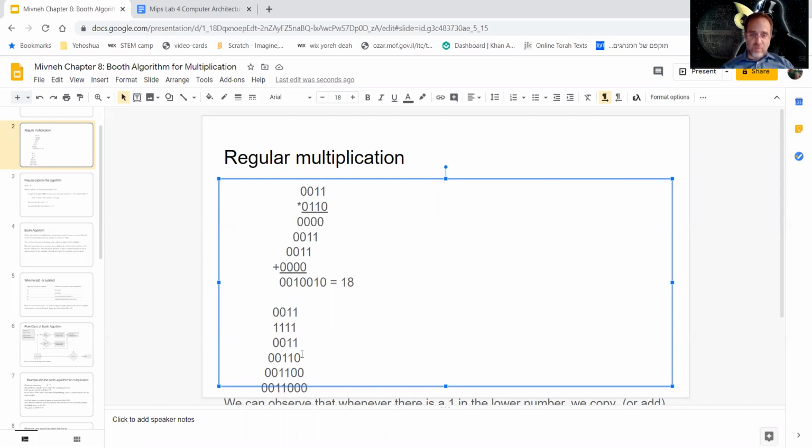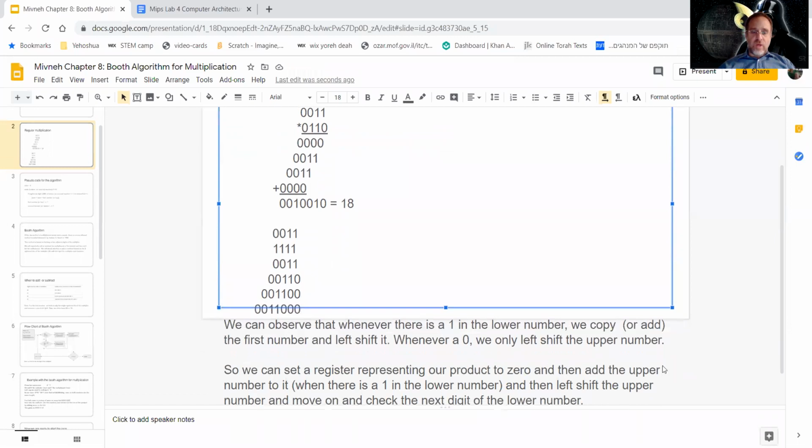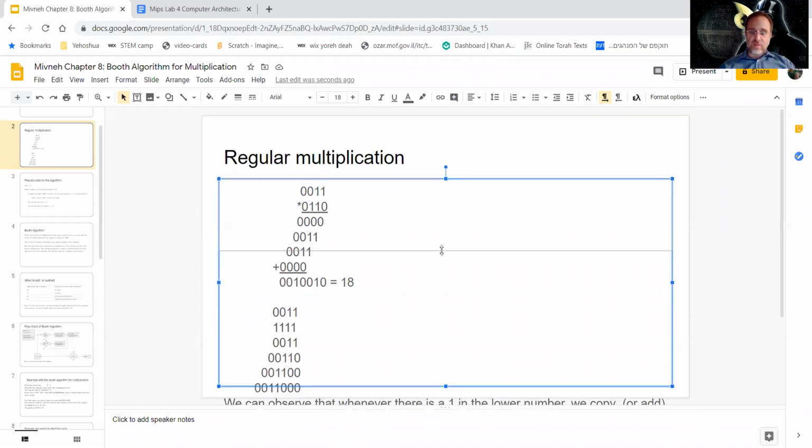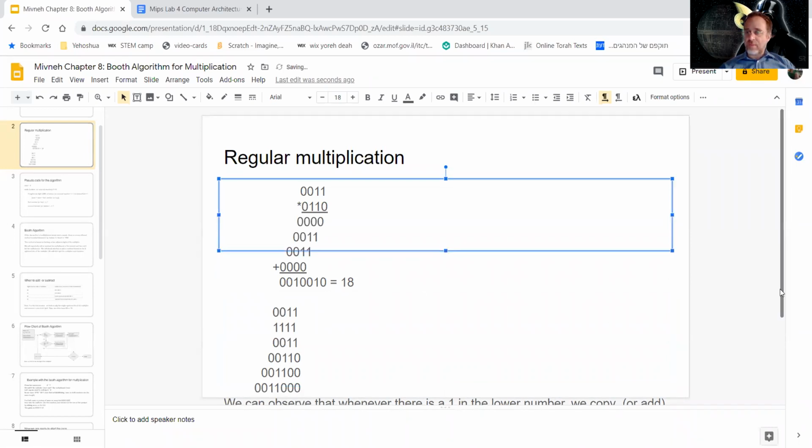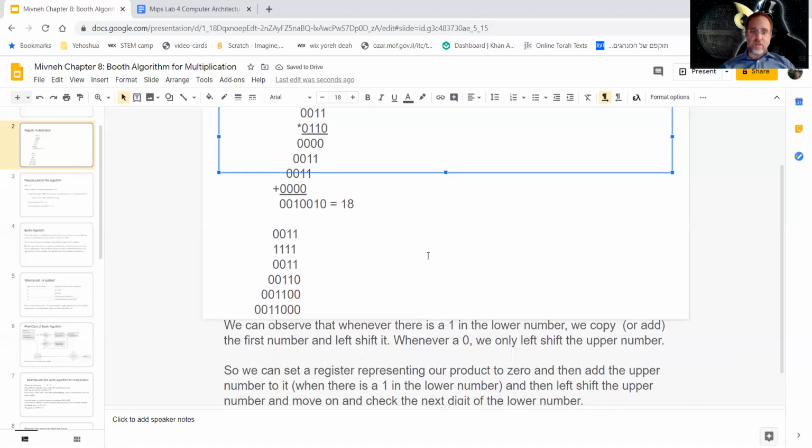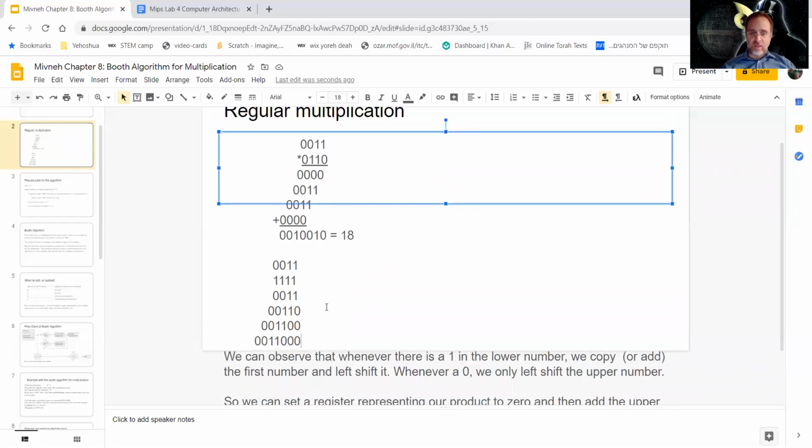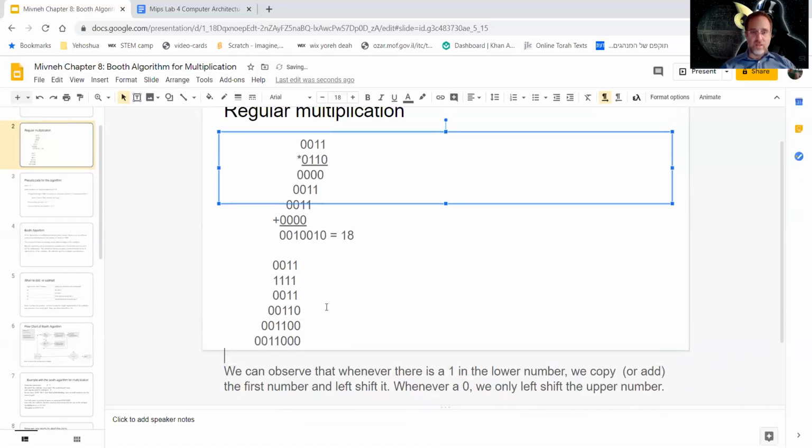So if we add this all up, well, my columns are not aligned. We add this all up, what are we going to get? We're going to get a 1 over here.